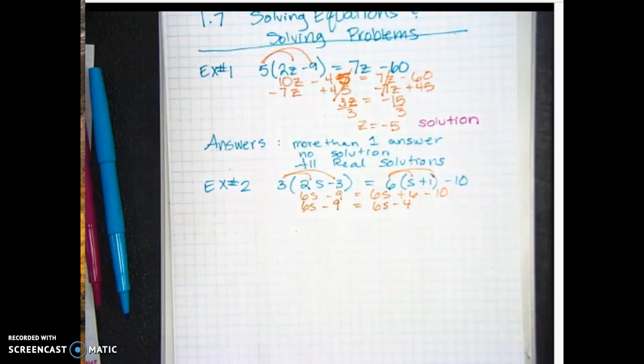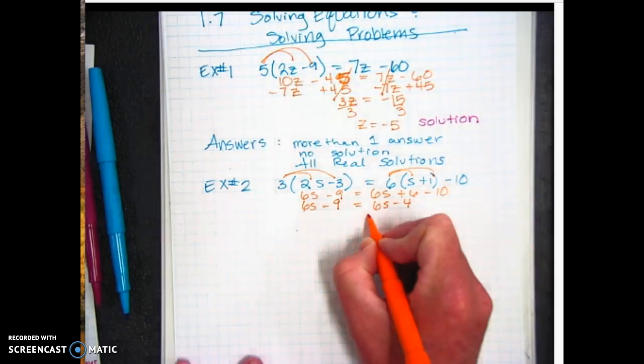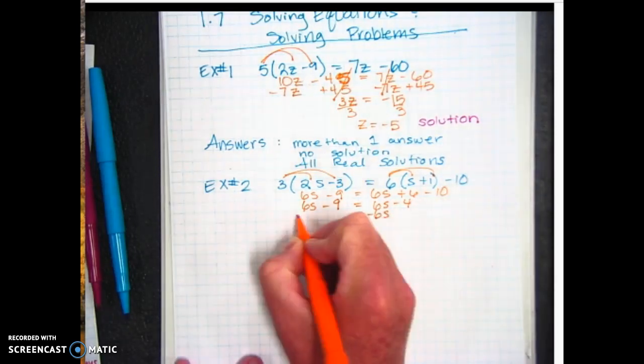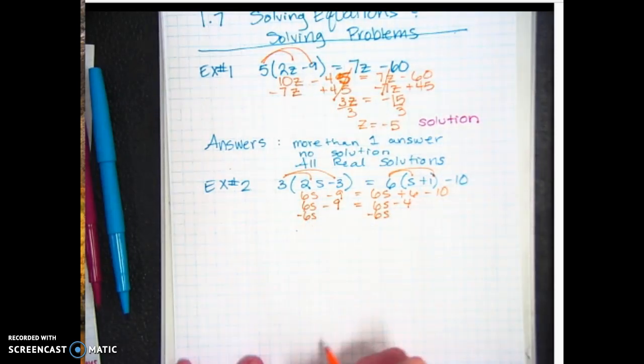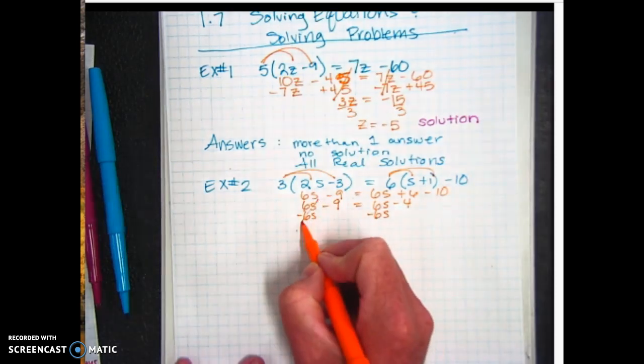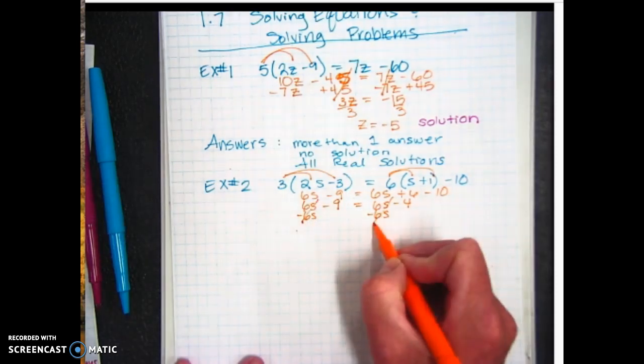And again, we have variables on both sides. But is anybody seeing anything strange? They're both 6s. So if we go to subtract 6s minus 6s, these cancel as well.